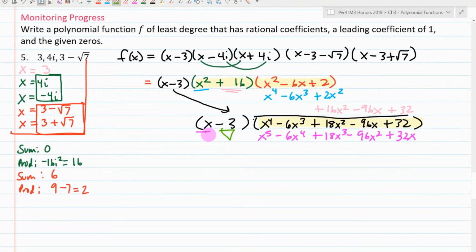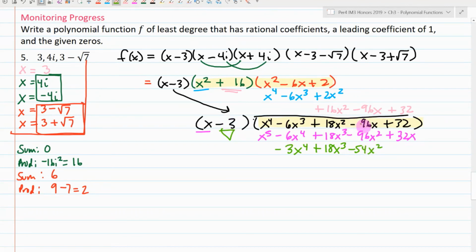times all of these. Okay, so if I multiply minus 3 times all of those, minus 3 times x to the fourth, minus 3 times minus 6x to the third, that's positive 18. Negative 3 times 18x squared, that's minus 54x squared.